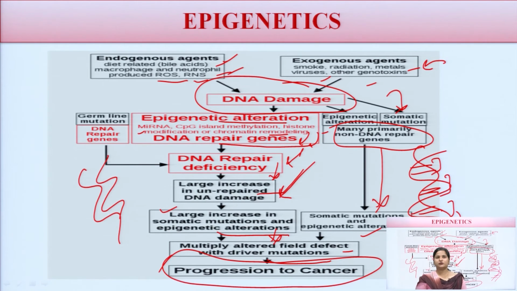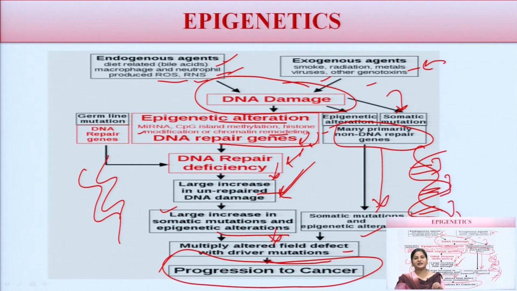They damage the DNA. There are some kinds of DNA repair genes, right, but these agents damage these DNA repair genes. So, when the DNA repair genes get damaged, what happens at that time?